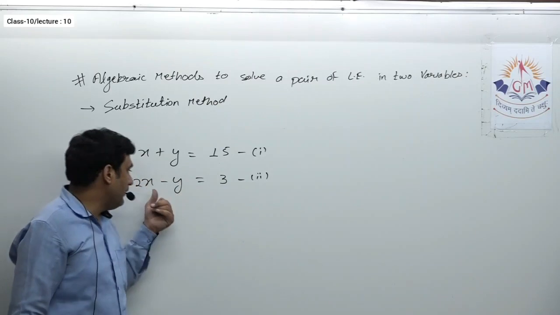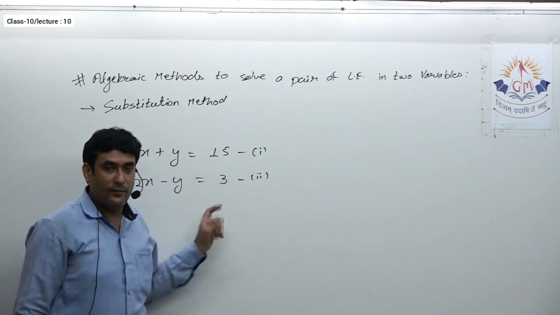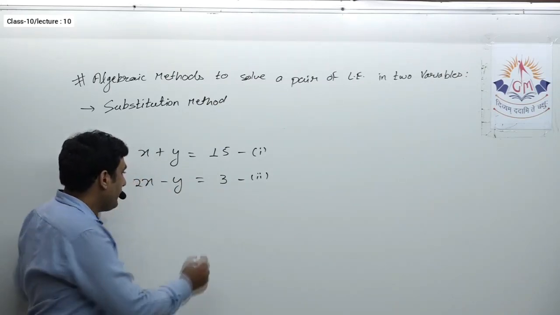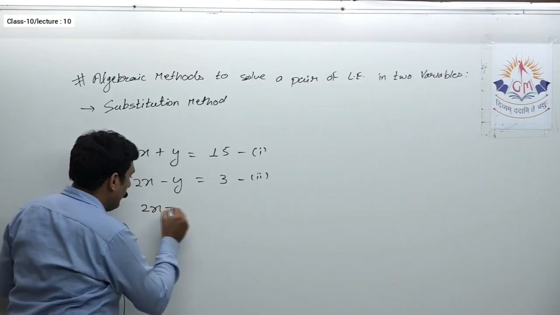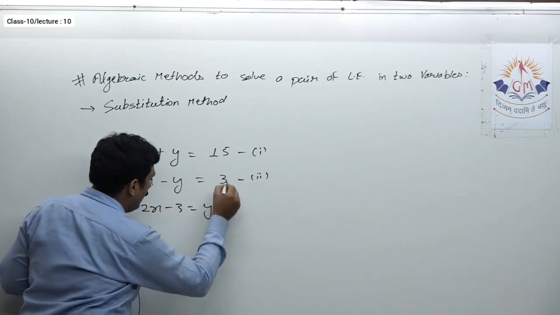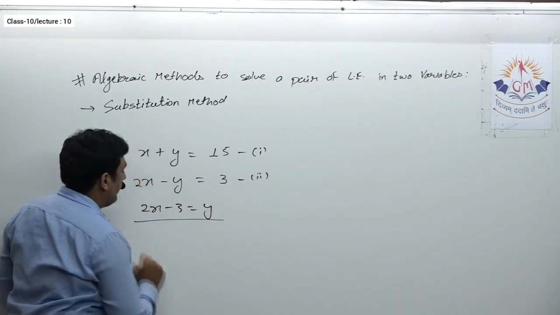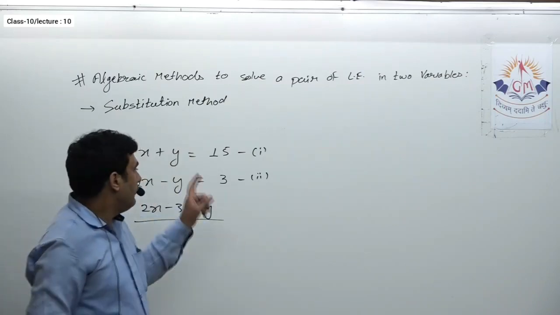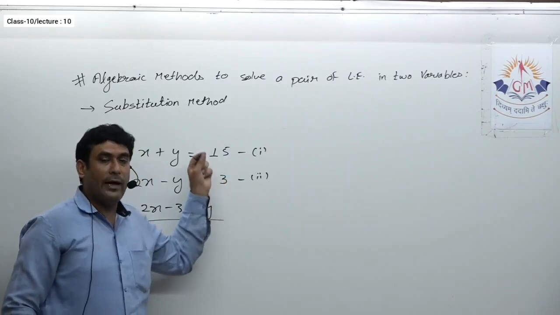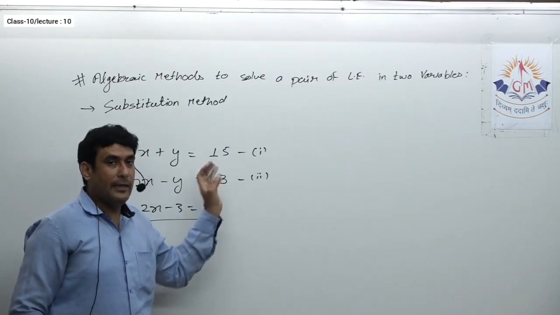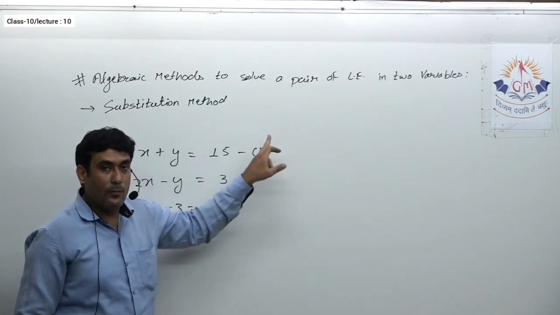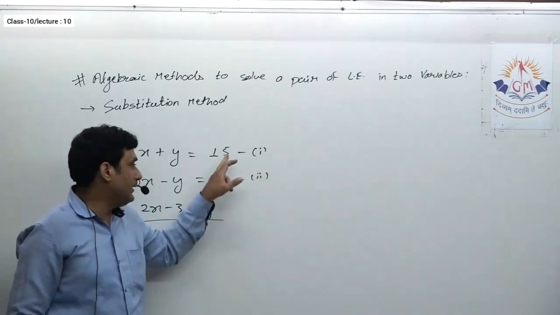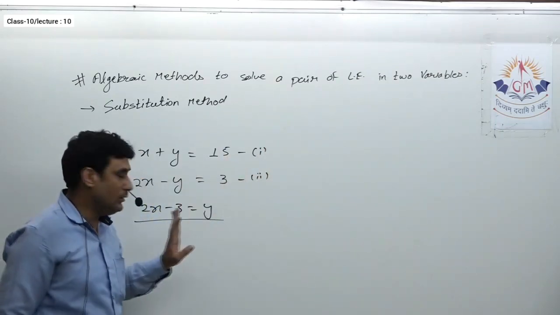Similarly, from the second equation I can say y is equal to 2x minus 3. If I take y on that side and 3 on this side, I get y equal to 2x minus 3. So we have to find the value of any one variable in terms of another variable from either equation 1 or equation 2.